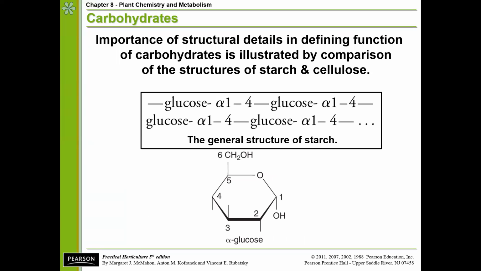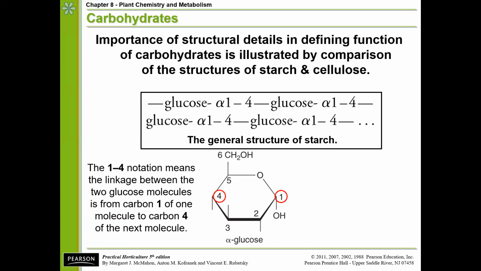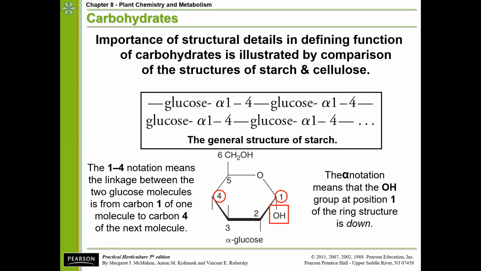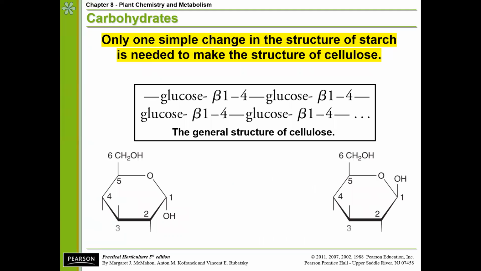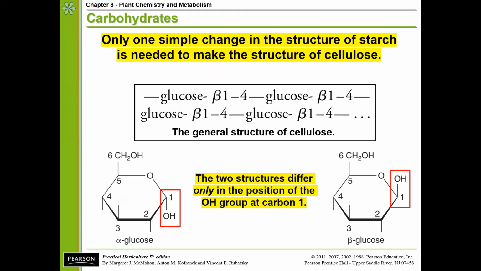All right, so what I think is more important than the different structures of glucose is how they actually work and what they actually do. So here we have the general structure of starch, and it is important because it differs between parts of the plant, and one similar to it makes the structure of cellulose.